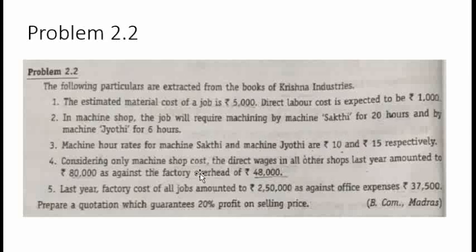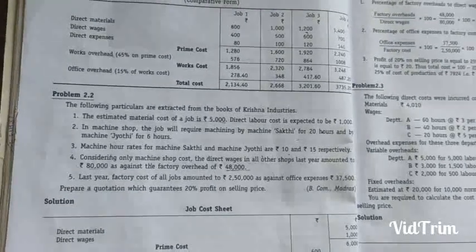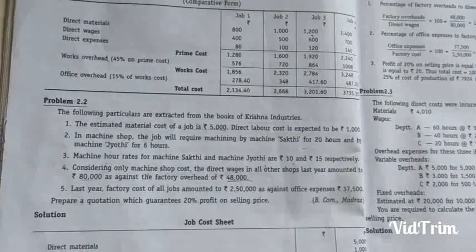In the same way, the fourth point: considering only machine shop cost, the direct wages in all other shops last year amounted to 80,000 as against the factory overhead of rupees 48,000. Okay guys, I will do the calculation now. Please look into the calculation for the last 3 points and prepare the working note.